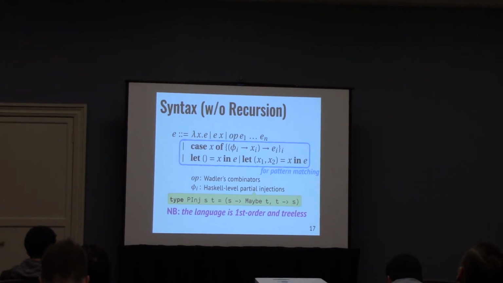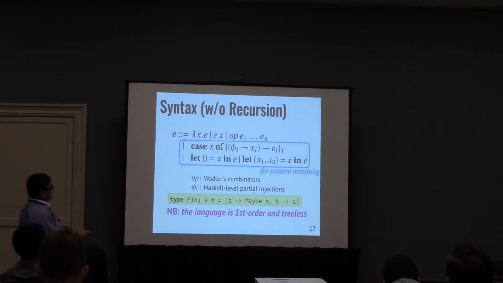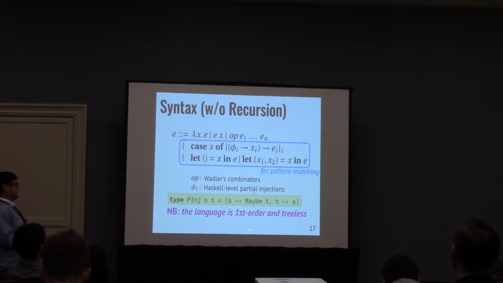This arrow notation is very close to the view pattern in Haskell. In a forward execution, this tries to compute phi i applied to x, and if it returns just something, we bind it to xi and then execute ai. If it returns nothing, we just try the other branch.